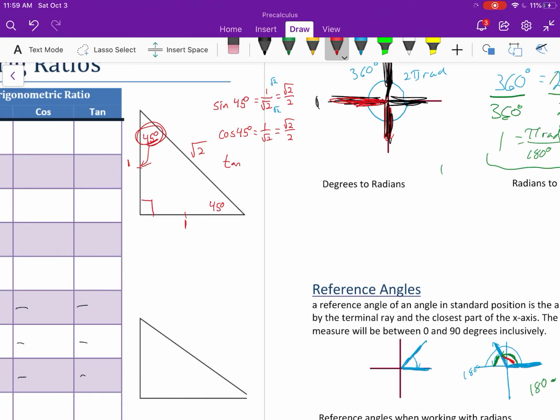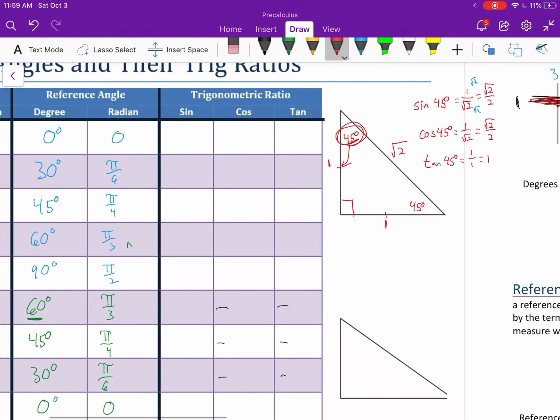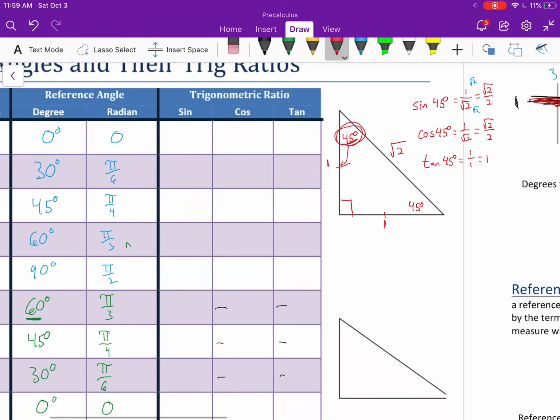And then tangent of 45 is opposite, which is 1, over adjacent, which is 1. So tangent of 45 is 1. So in our table, we can look at a 45 degree angle. Sine and cosine are both root 2 over 2, and tangent is 1.